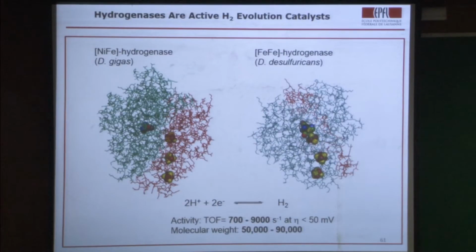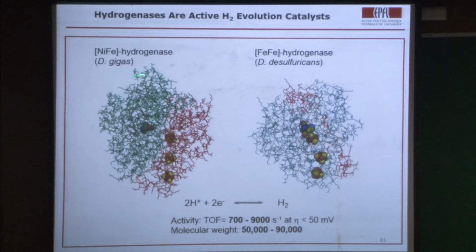Now, they are really good catalysts on a molecular scale, because the turnover frequency at really low overpotential is hundreds to thousands. At that overpotential, platinum has a turnover frequency of only about 100 or below. So in terms of molecular reaction rate, it's really, really high.